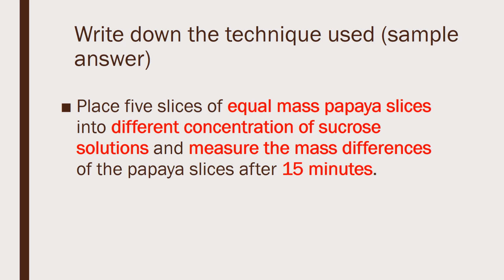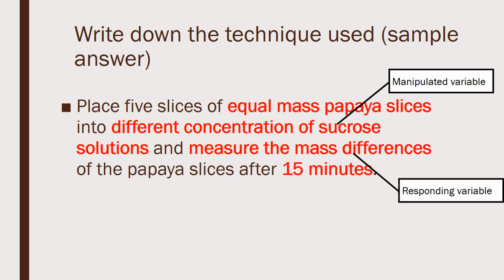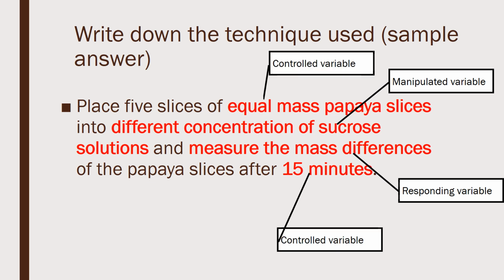In this one sentence, I already included the manipulated variable, which is the different concentration of sucrose solutions, the responding variable, which is the mass difference of the papaya slice, and also the constant variables, equal mass of papaya slice, and also the duration of the experiment. So this is how you write technique used.